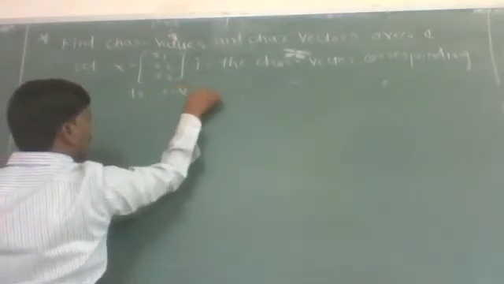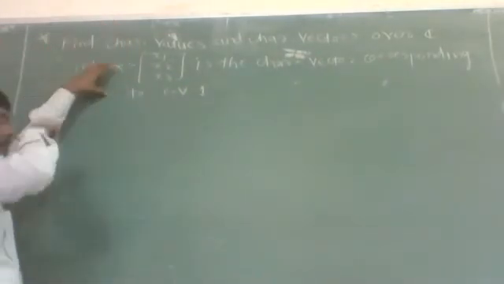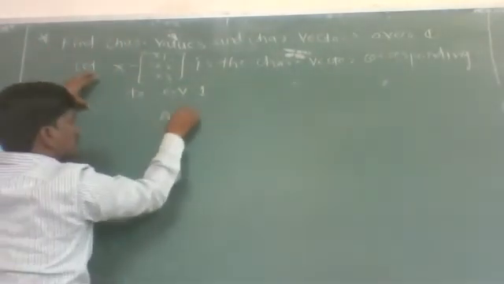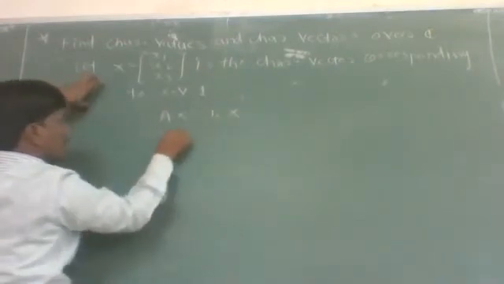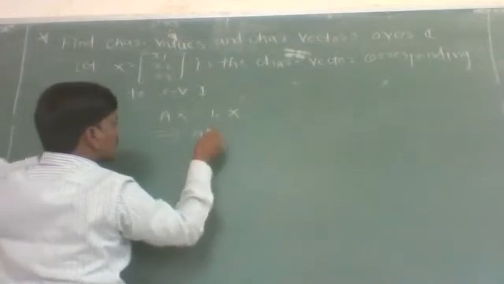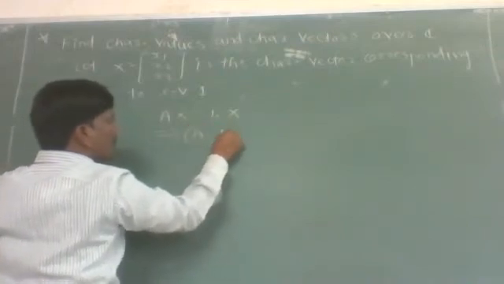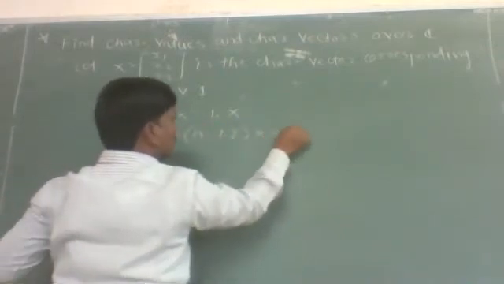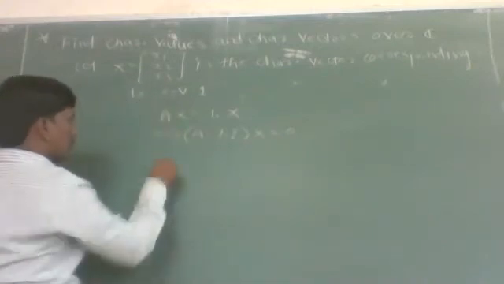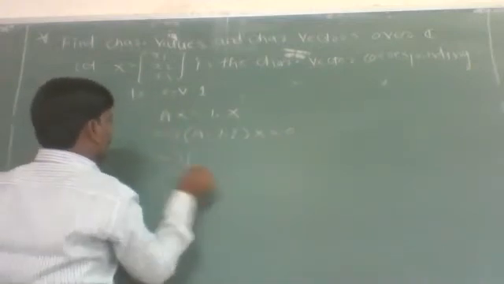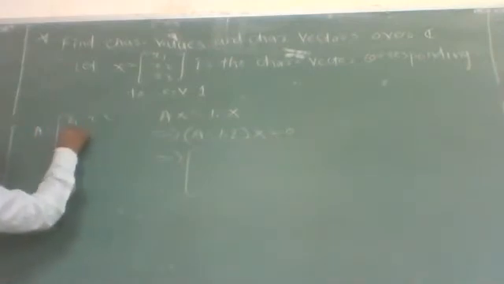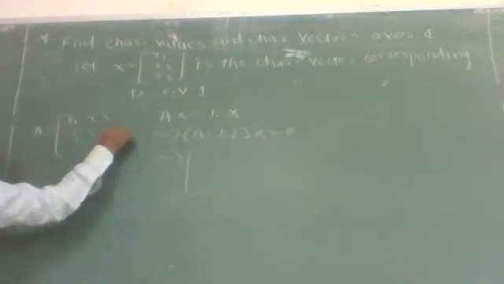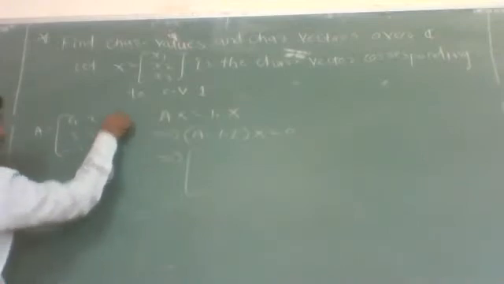eigenvalue 1. So by the definition of characteristic vector and eigenvalue, AX is nothing but lambda, lambda is 1, into X, which implies (A minus 1 into I) X is equal to 0. But A is nothing but, we know, 4, 2, 2, 3, 3, 2, minus 3, minus 1, 0.